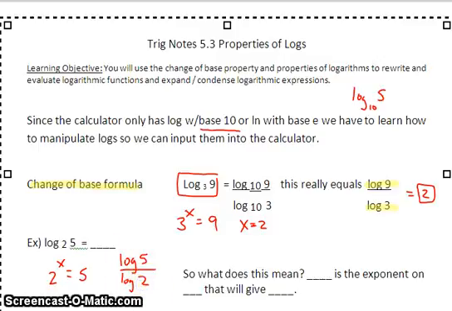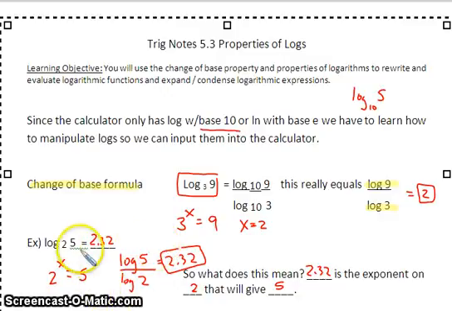Log of 5 divided by log of 2 in the calculator gives me 2.32. So 2.32 is the exponent on 2 that results in 5. Now it's not going to be exact because I've rounded that, but it's going to get me as close as I possibly can without using that exact number.